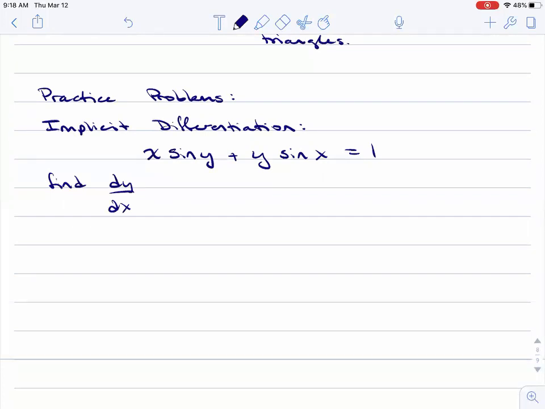So now I've got x's and y's, they're all baked in. It even says, find dy dx by implicit differentiation. And then it just gives you the thing. So you'll know you have to use implicit differentiation. But the reason is because the x's and y's are intertwined and there's no way of separating them. Right?